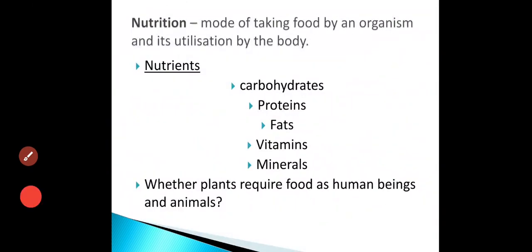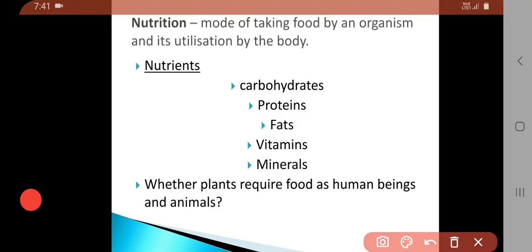Next, moving to today's topic, that is nutrition in plants. What is nutrition? It is the mode of taking food by an organism, and the food gets utilized by the body. It is the process of taking food, the food is digested, and the energy is utilized by the body.